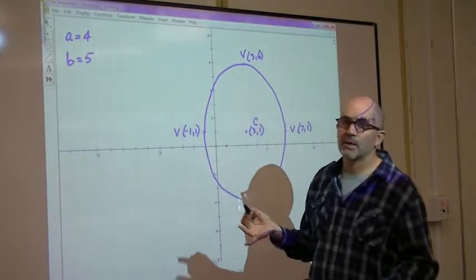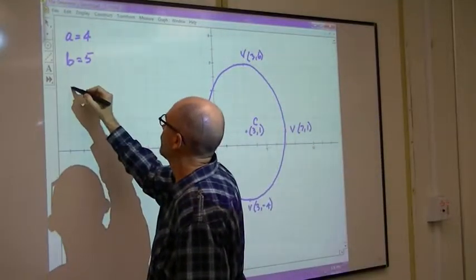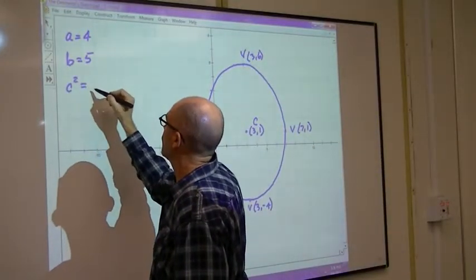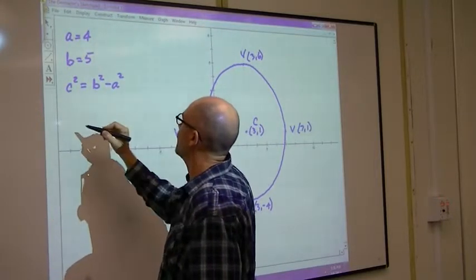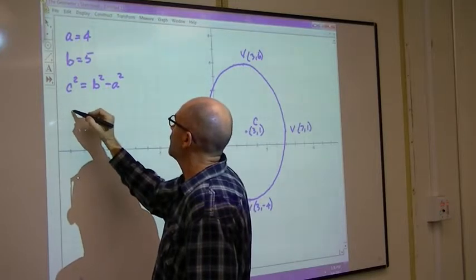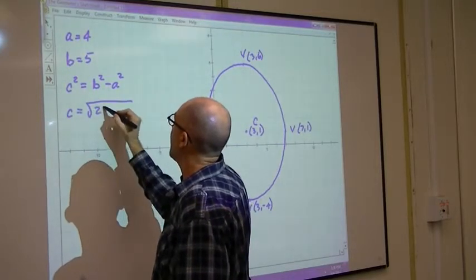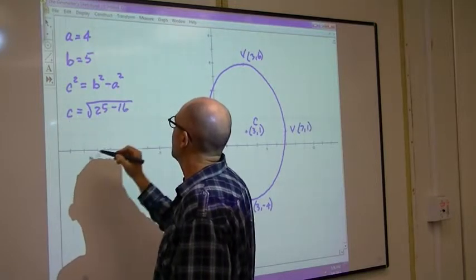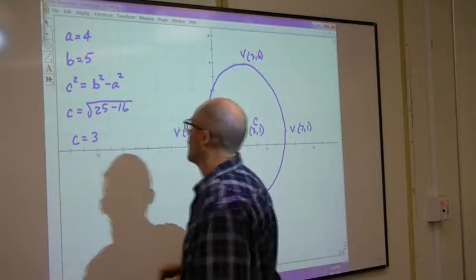Now if I know a and b, I know c. So c squared equals b squared minus a squared, because it's big minus small. So c equals the square root of 25 minus 16, so c equals the square root of 9, which is 3.